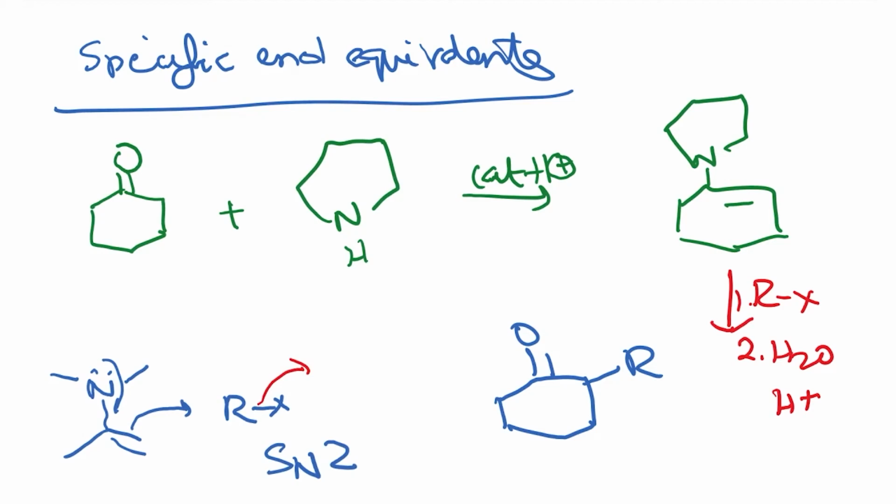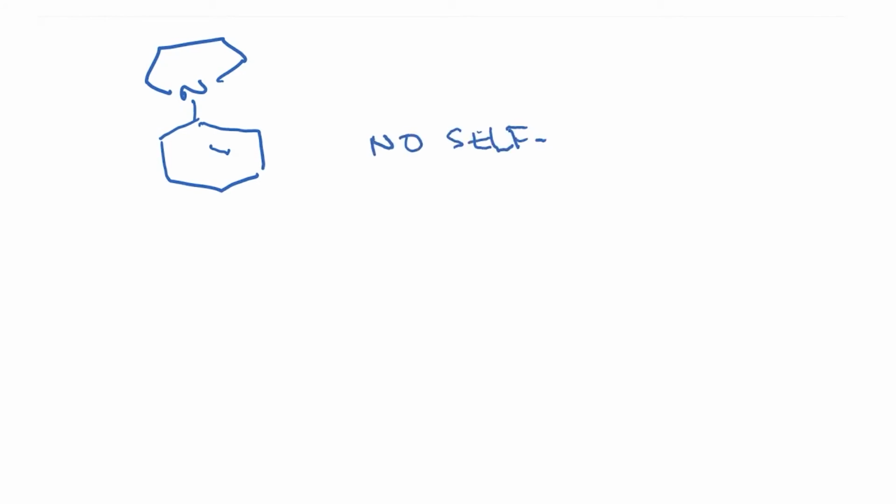So the advantages of using this kind of enamine chemistry to do alkylation reactions are, number one, the reactivity of enamines is quite low when compared to aldehydes or ketones, and so no self-condensation, right?